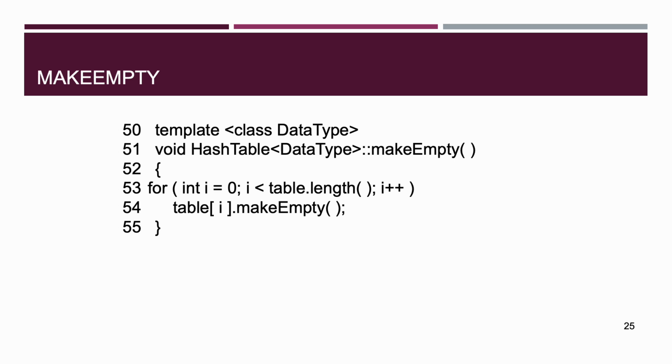Then for each index i in the table, it calls make empty on the linked list object stored at table i. This ensures that each linked list in the table is cleared, removing all elements within it. Finally, by clearing each linked list, this function effectively empties the entire hash table, making it ready to be reused or reset.